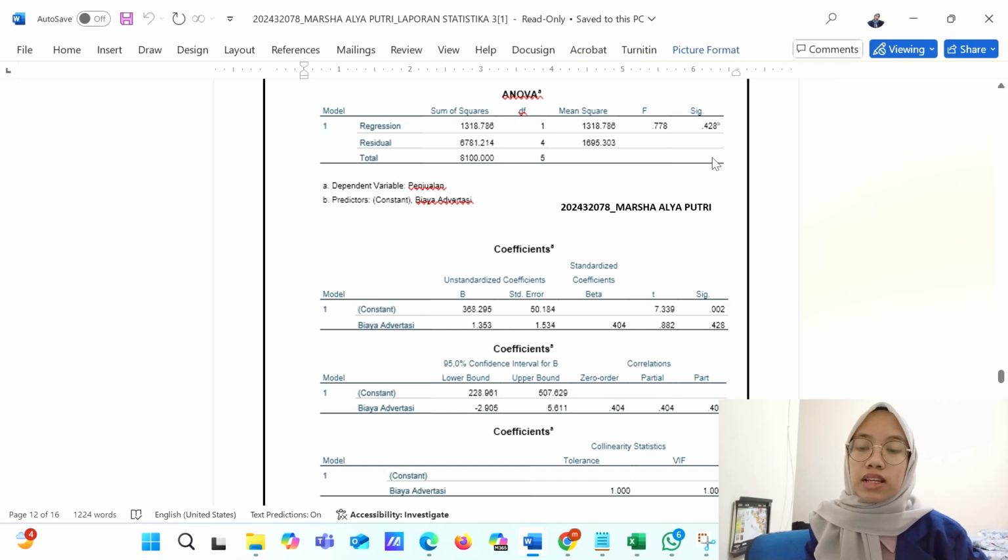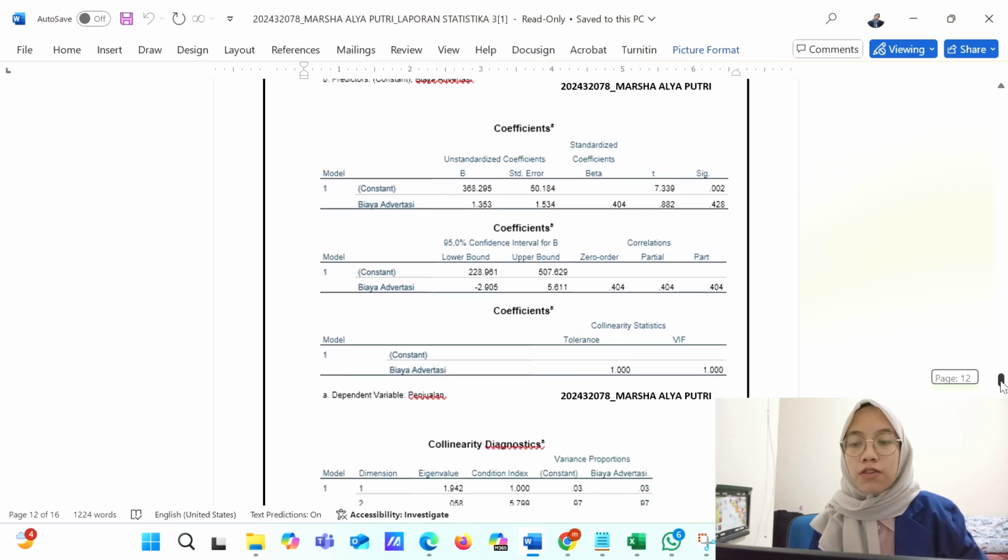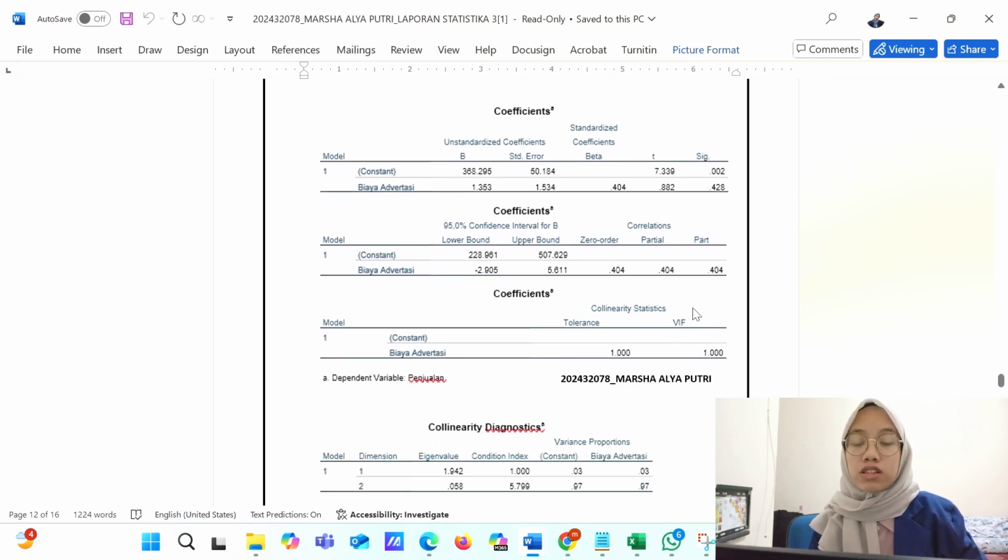From this table, it is known that the model is not significant because the p-value equals 0.438, more than 0.05. In this table, we know the value of variable a and b, and the advertising coefficient is not significant.